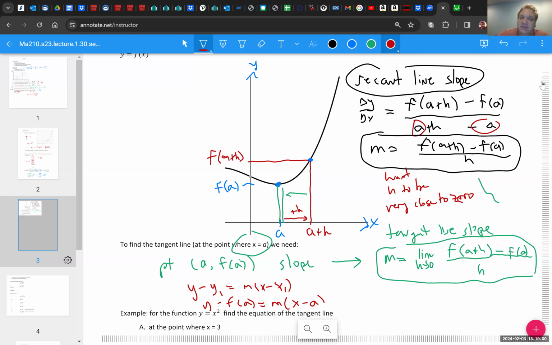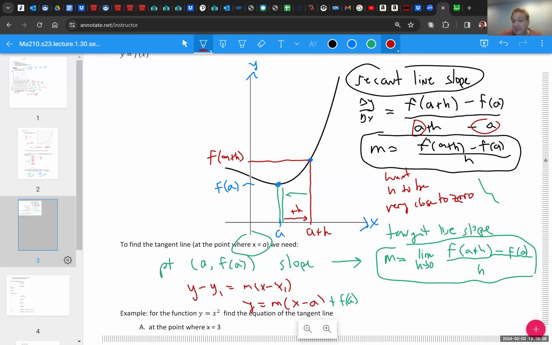And once again, it's traditional to move this f(a) to the other side, to make it y equals. So I would do that by adding f(a) to both sides. So that's my equation of the tangent line, right? We needed a point and a slope, and we put it into our point slope formula.